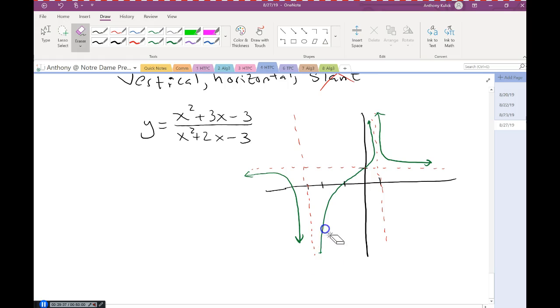Oops, I drew that in the wrong direction. My apologies, I keep doing this. Let's be going that way.